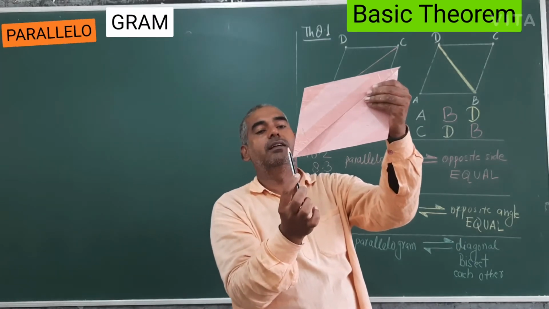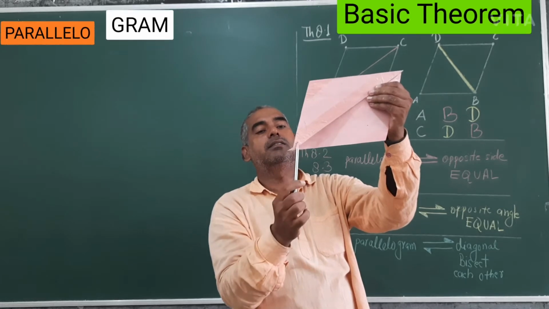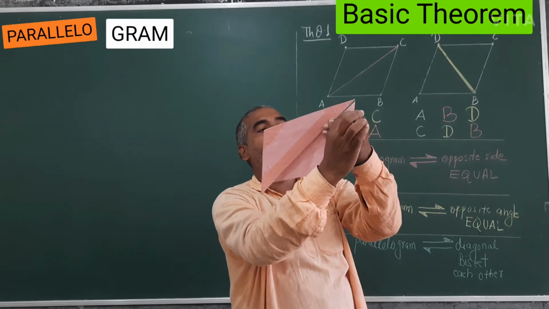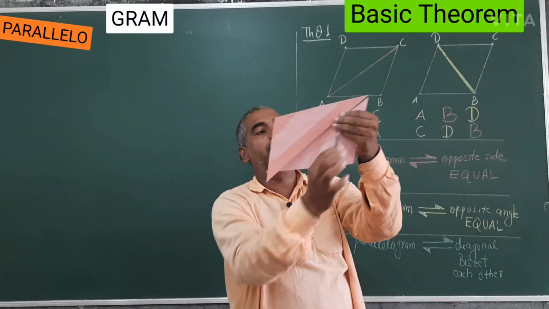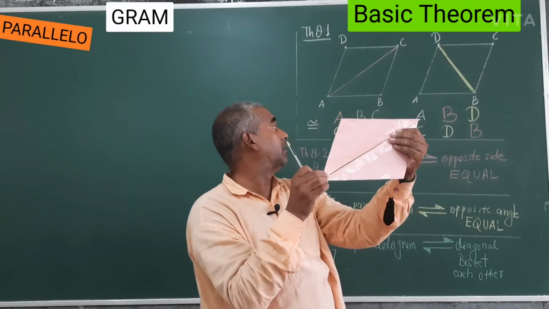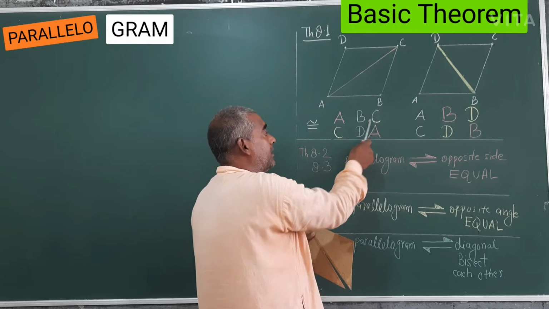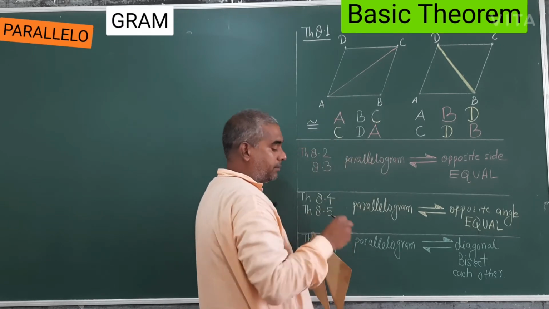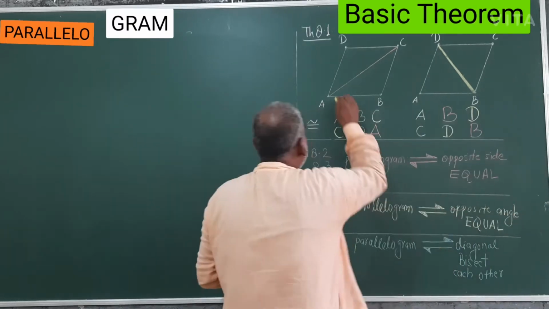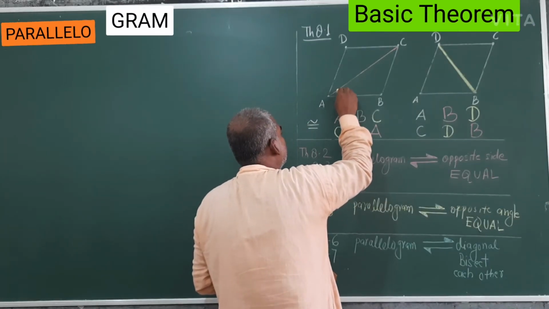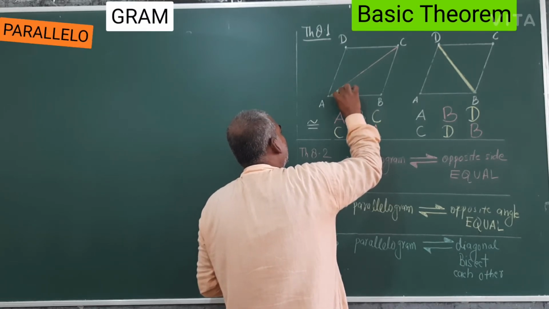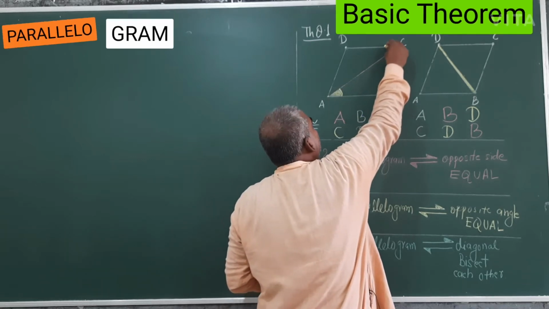So the cross is there. Here and here, cross, and here, cross has happened. So this is A, C and C, cross. This is the angle I have made, this is equal to this one.